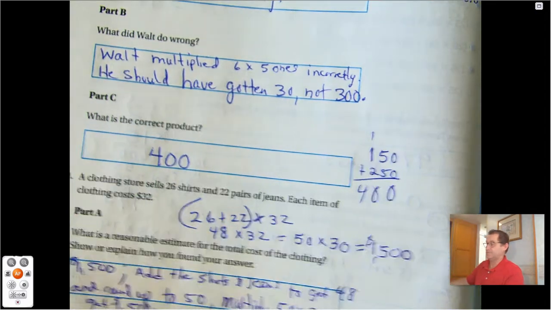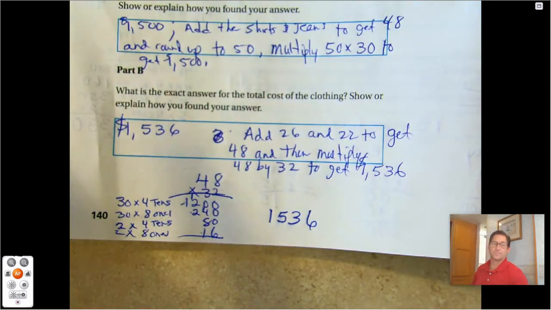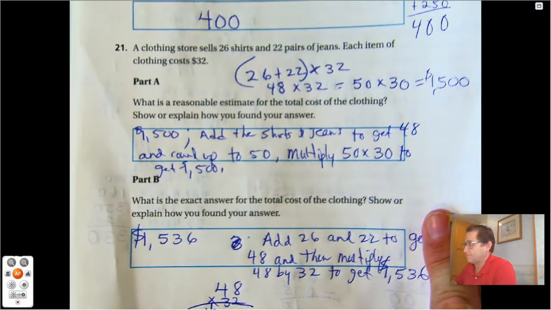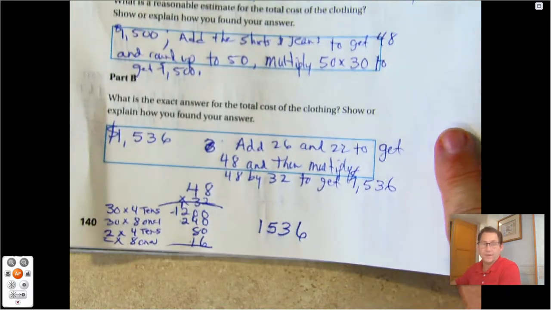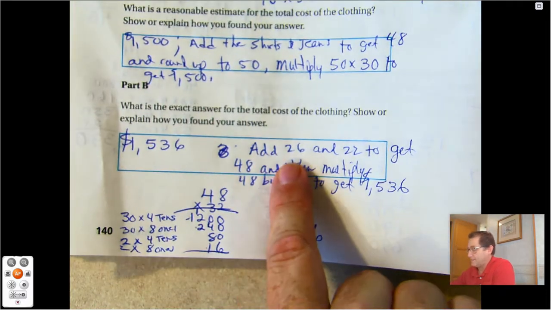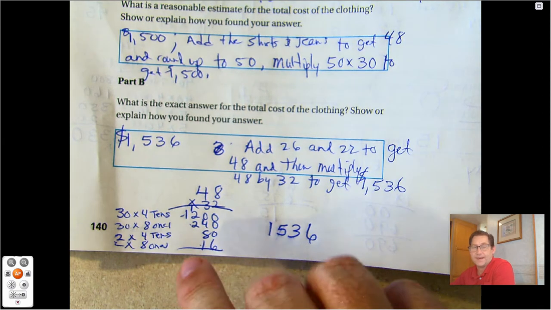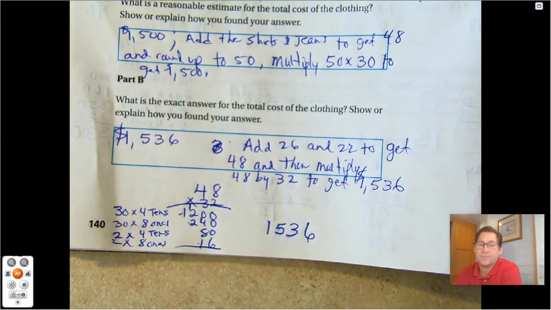So what is the exact answer? 1,536. And what did we do to do that? We added 26 and 22, each of the items, to get 48, and then we multiplied the 48 by 32 to get 1,536. All right, and so that's it for your Chapter 3 review.